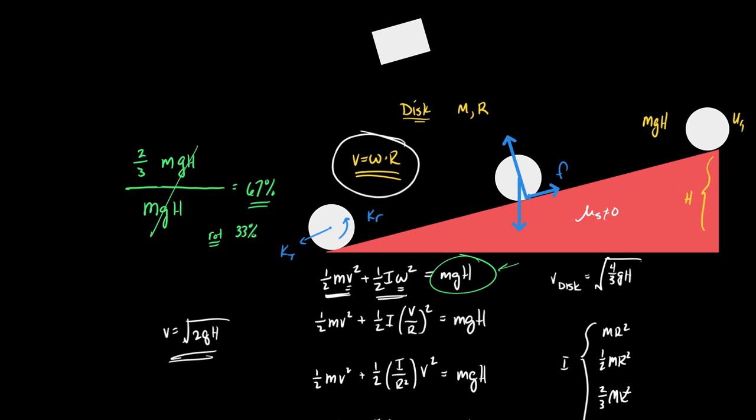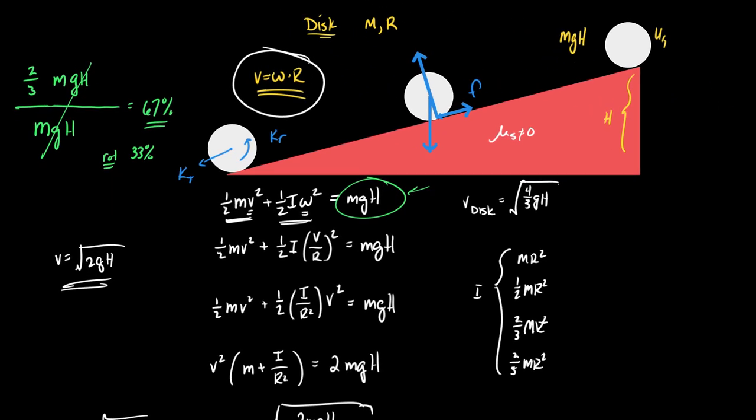The difference is that in this problem, gravity did work on the sphere to change the translational kinetic energy of the sphere. Friction did work on the sphere to change the rotational kinetic energy of the sphere.